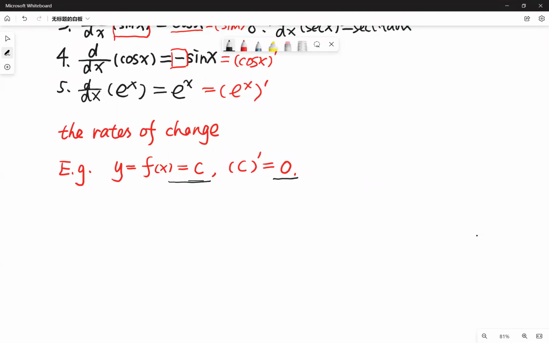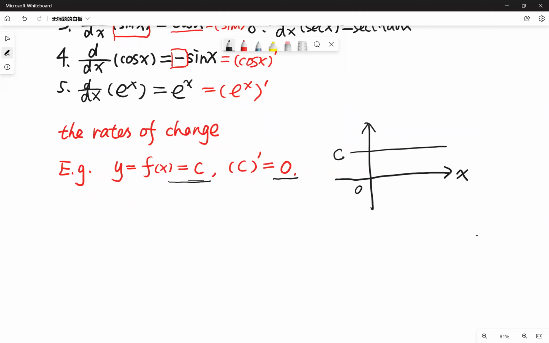Yeah. And from the graph, we can see here, when f(x) is a constant c, this constant function is a horizontal line, right? Yes, Laushi.